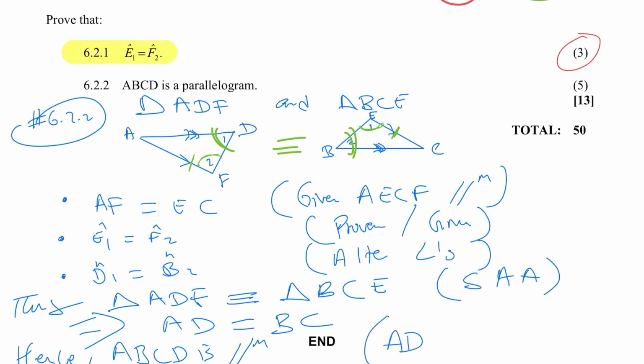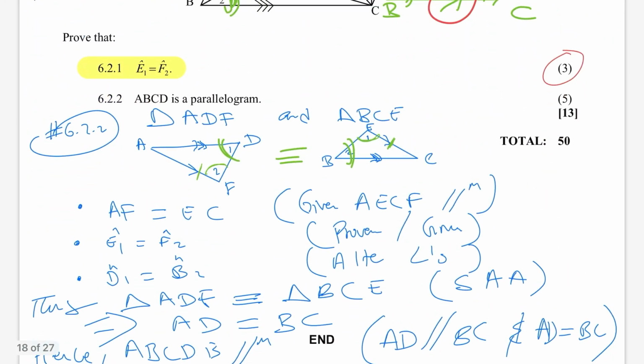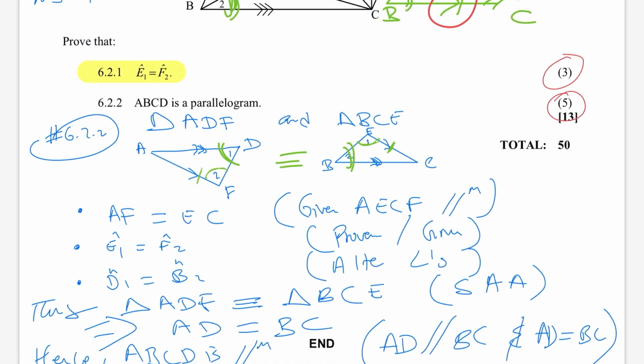Why? Because AD is parallel to BC, that's given, and AD is equal to BC, and that's what we have proven. And that's how you get your 5 marks. Yes. That's how you get your 5 marks.